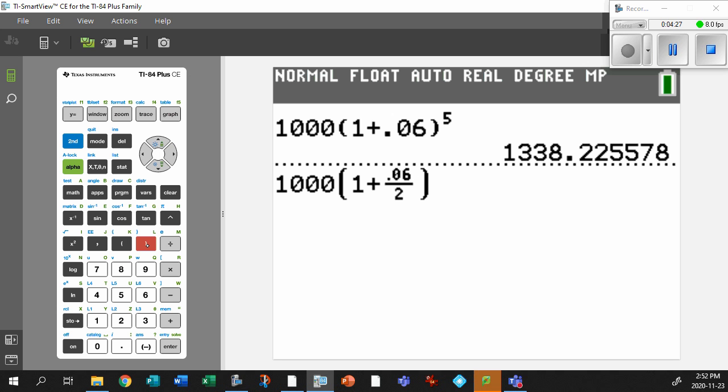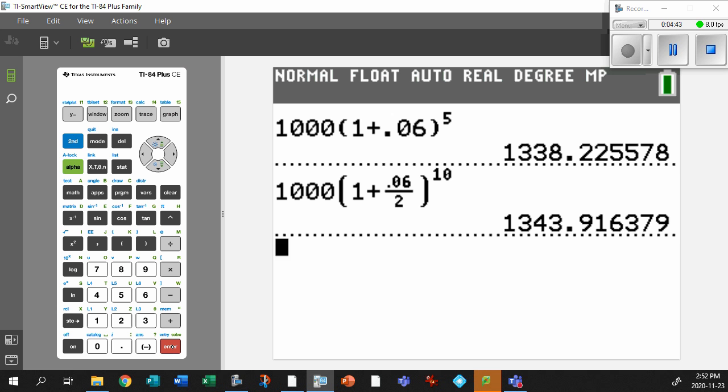To the power of, of course, we know that to the power of 10, because semi-annually, twice a year, times 5 years means 10 total compounding periods. Watch how this number changes. Ready? Check it out. You actually make a little bit more interest. You make $1,343.92, so you're making a couple bucks more. Okay, let's write that into our chart.